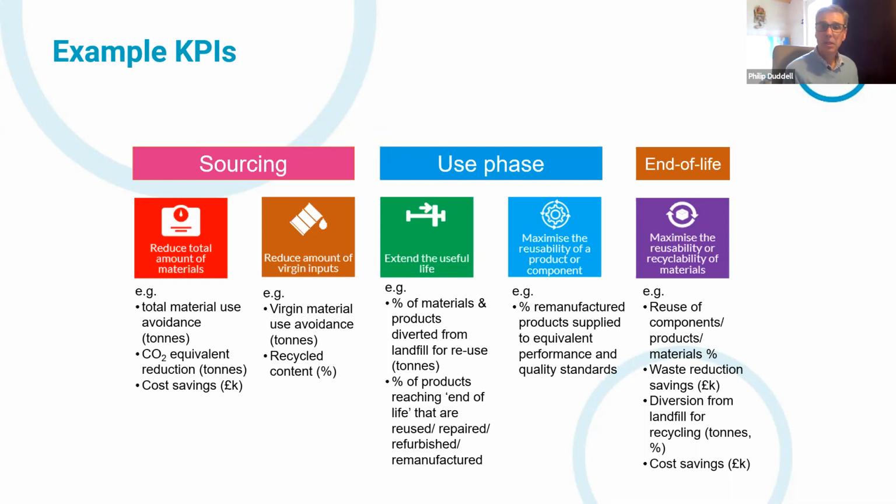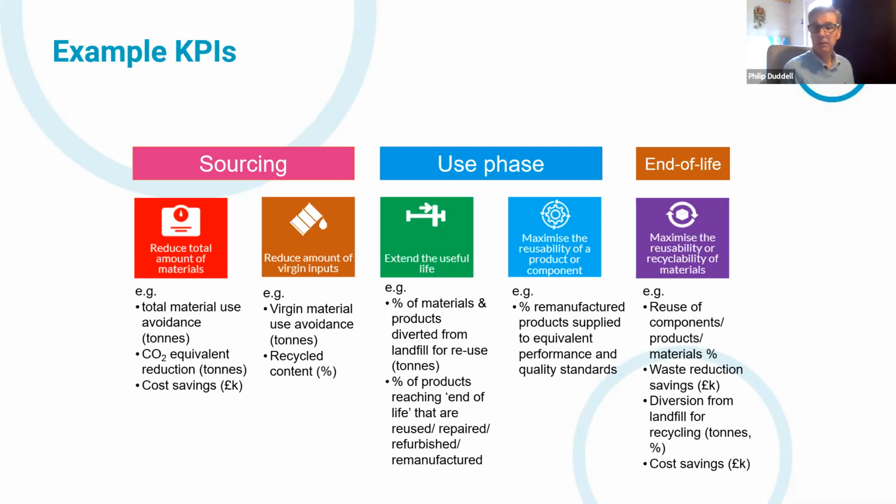Reducing the amount of virgin materials, again, that can form part of a KPI. It could also therefore reflect the recycled content within the products or the materials, assets being procured or being used. Again, at the use phase, so what materials or products are being diverted from landfill. Obviously, there's a link here from use to the end of life, but it's still relevant at use phase.